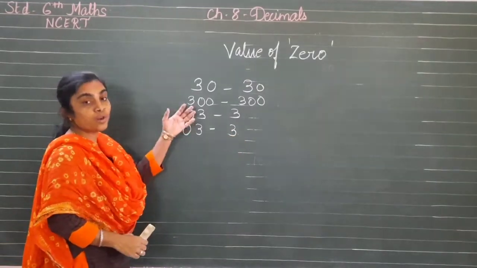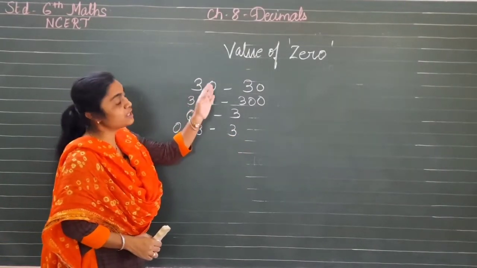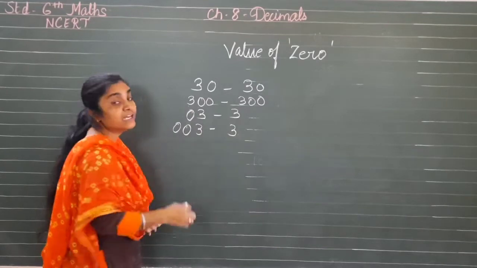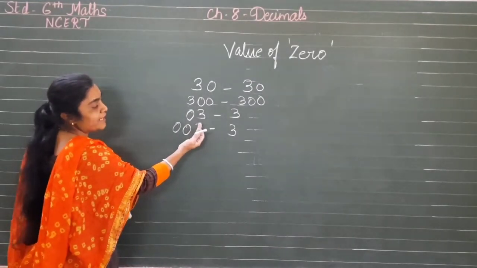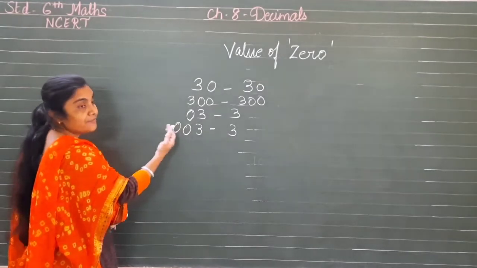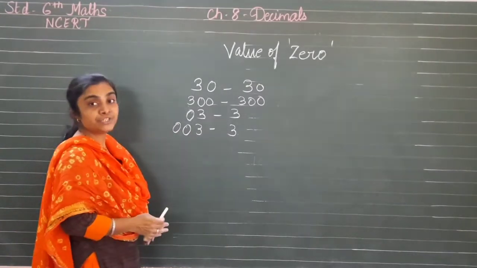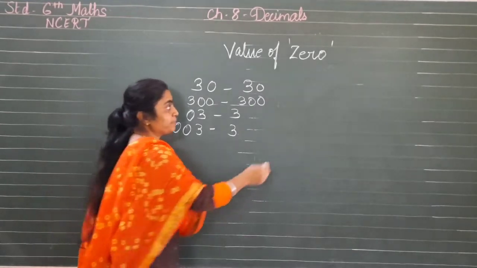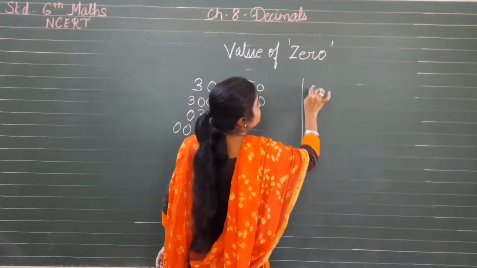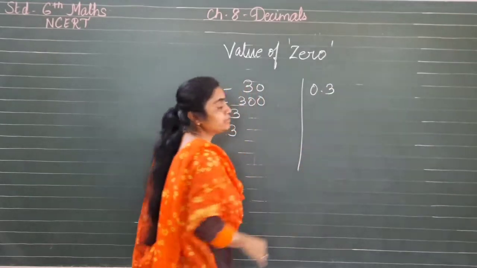So in whole numbers, when we write zeros on the right hand side of a digit, the place value changes. But if I write zeros on the left side of a digit, there is no change in the value. Now let us see for decimals. 0.3.